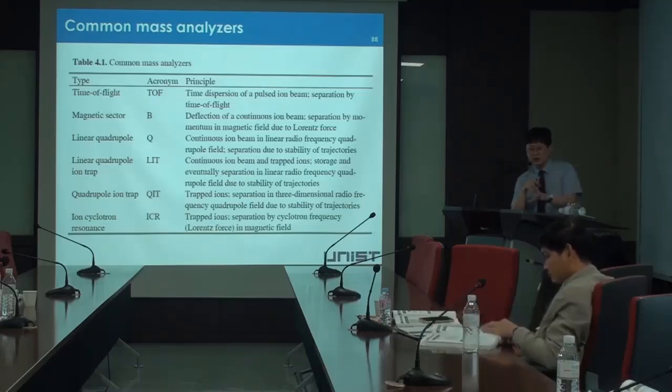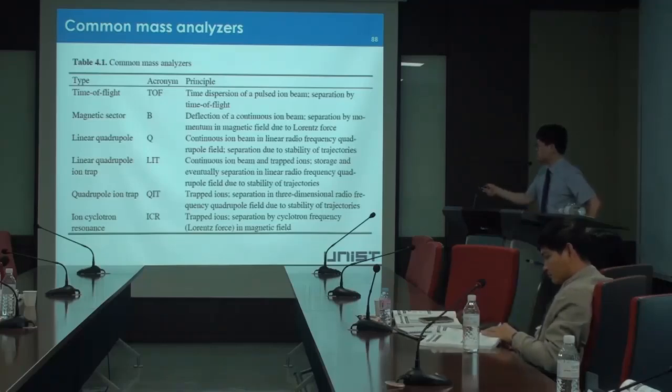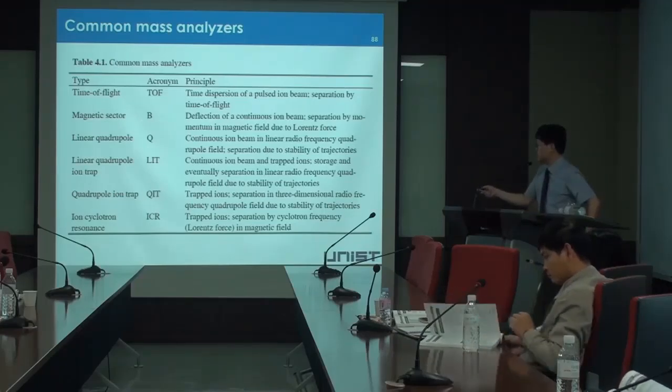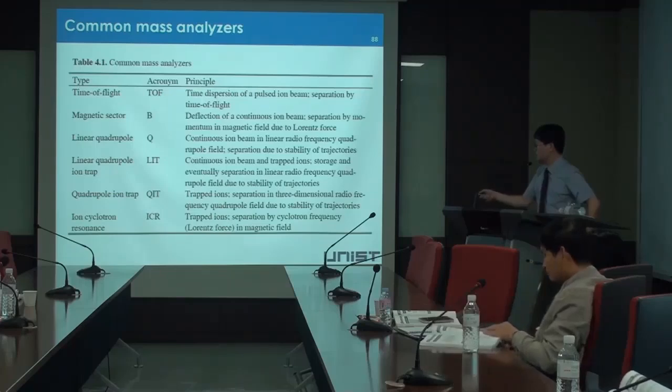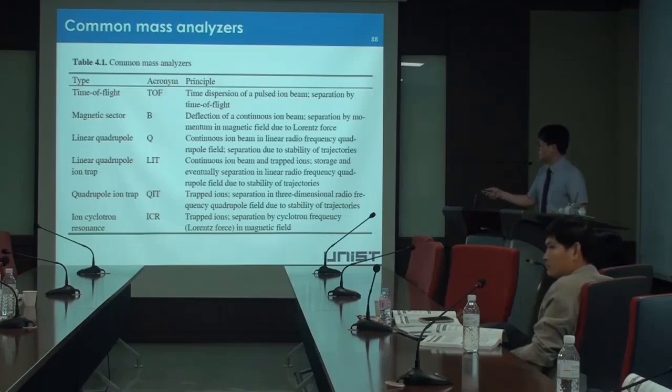After ionization, how to separate these ions is done by mass analyzers. There are actually many different types: TOF, time of flight, magnetic sector, quadrupole, ion trap. This is just a 3D ion trap. This is a linear ion trap type. This is ICR, ion cyclotron resonance.